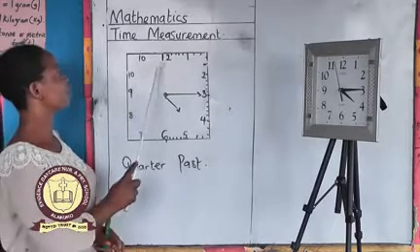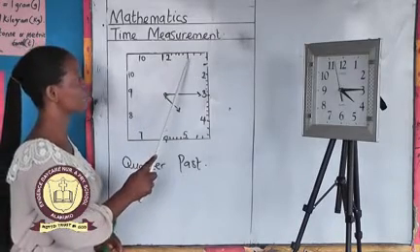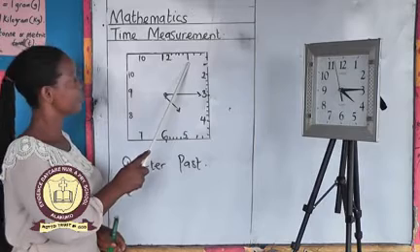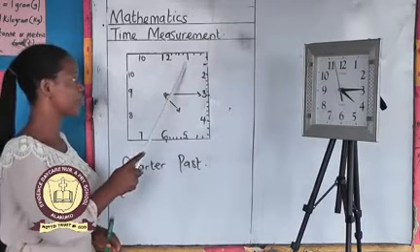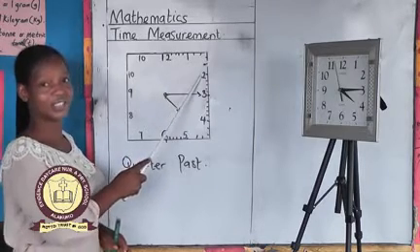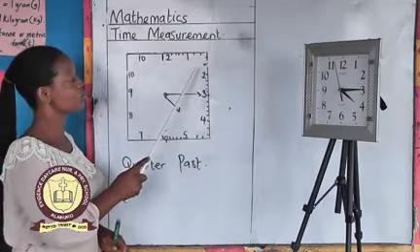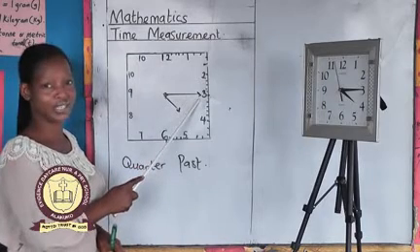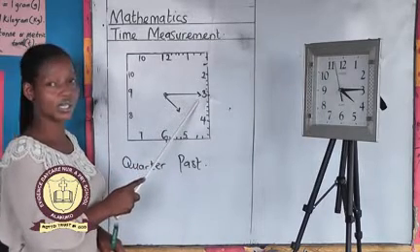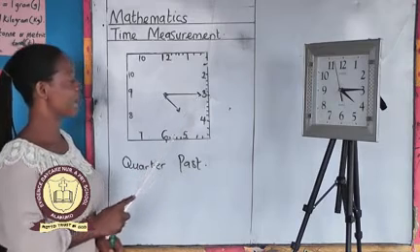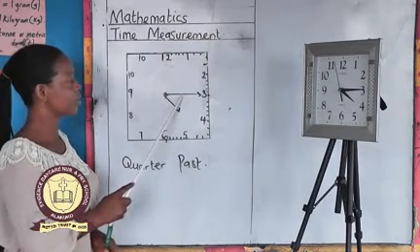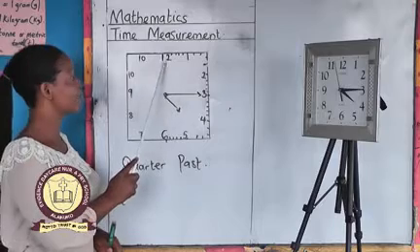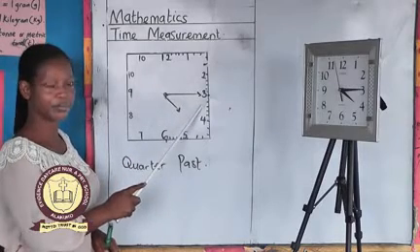So now from this 12 to this one you have 5 minutes. From here, when you count the dots, the lines, from this one to this 2 you have 10 minutes, and from this 2 to this 3 you have 15 minutes. That is your quarter. That is 15 minutes past 4. This long hand, this minute hand, has moved from here to this 3.